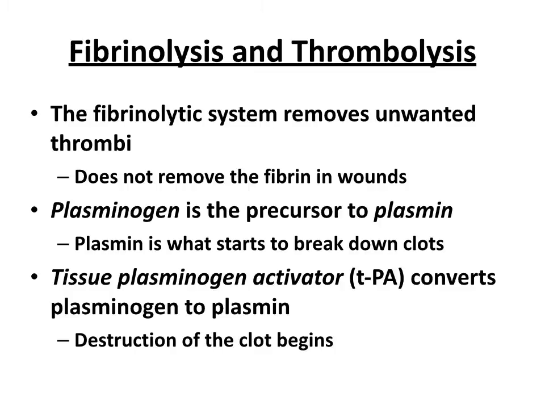So plasmin is what starts to break down clots, and plasmin gets activated by TPA, tissue plasminogen activator. TPA is what converts plasminogen to plasmin. Once that happens, the destruction of the clot begins.